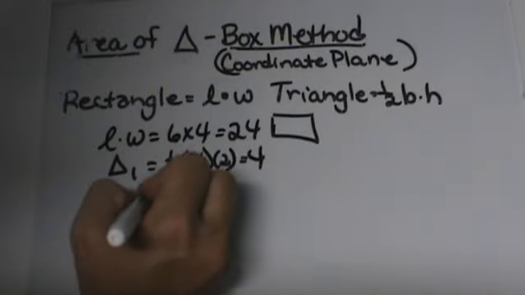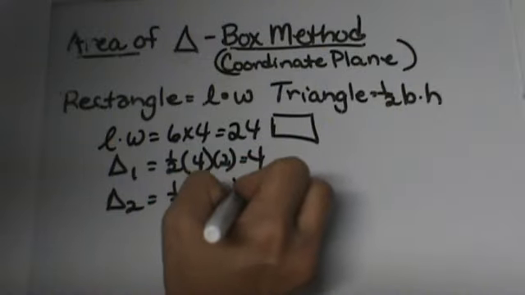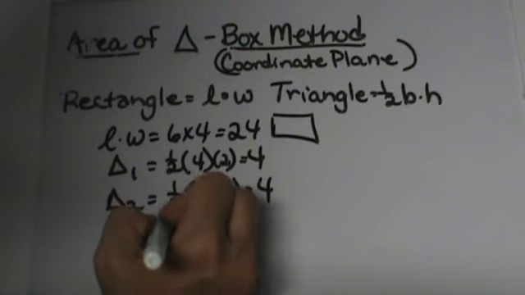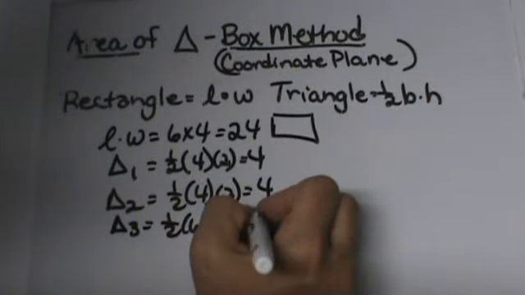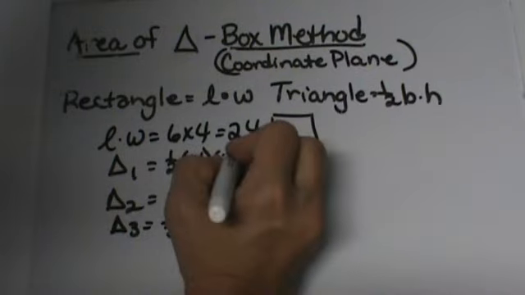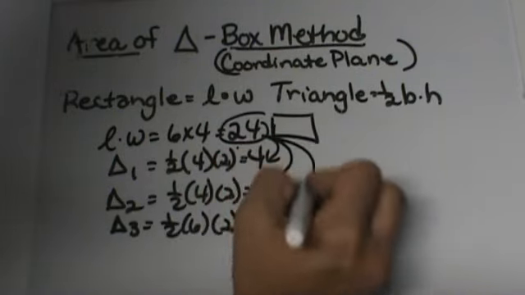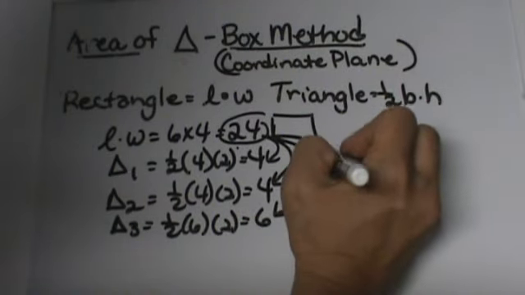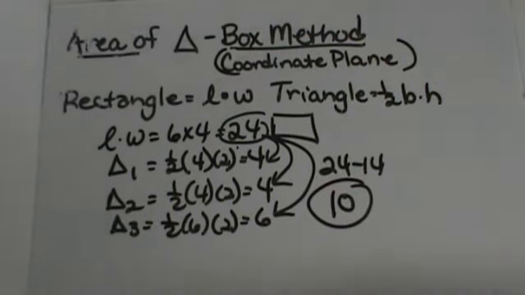I have another triangle with a height and a base of 4 and 2, so its area is 4. And the third triangle has a base of 6 and a height of 2, so the area of that triangle is 6. I'm going to take 24 and subtract 4, subtract 4, and subtract 6. So I'm subtracting 14. So 24 minus 14 leaves me with an area of 10.